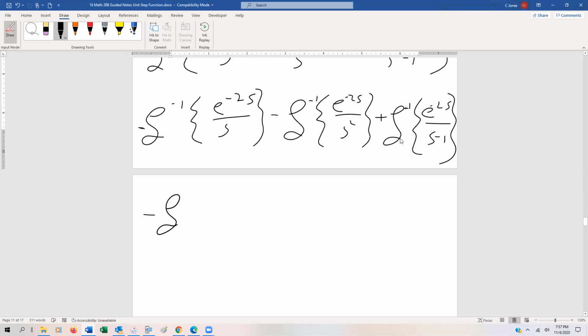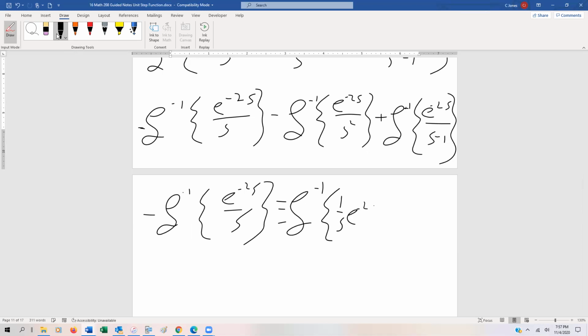So we have negative inverse Laplace of e to the minus 2s over s. All right, so that's going to work out to be the opposite. So we have 1 over s. All right, so let's just think of this as inverse Laplace, and there's still a negative there, of 1 over s e to the minus 2s.